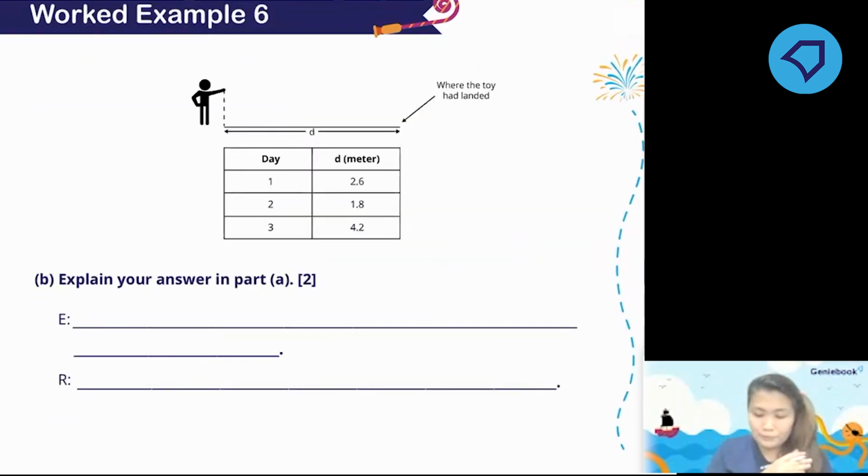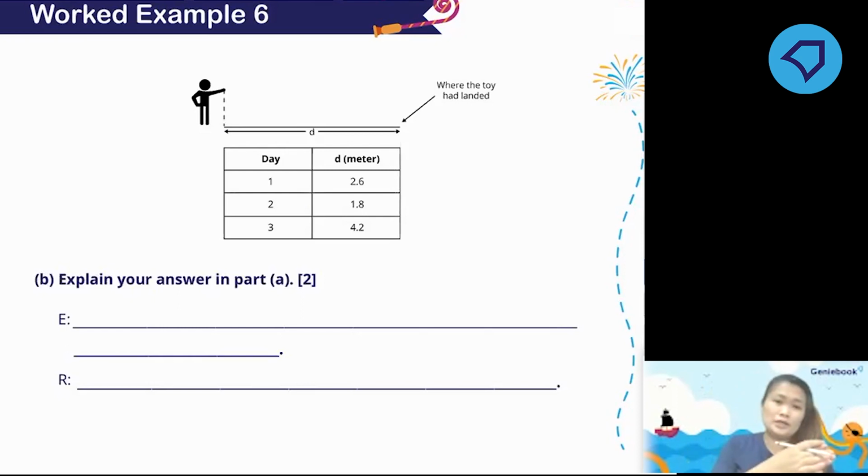So why did we say that the seed has this wing-like structure and is light? Why do we actually say that? It is because we know from the results that the toy actually landed further away. When you drop it, it didn't just drop down on the ground like this.